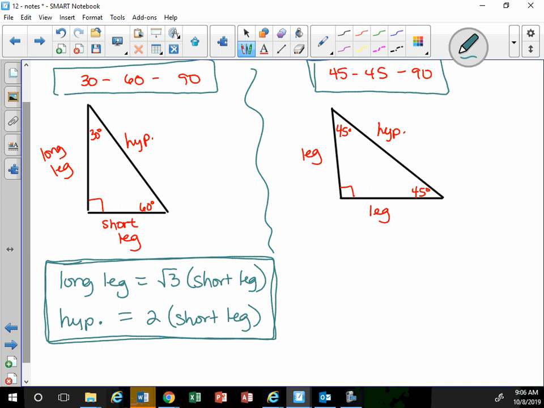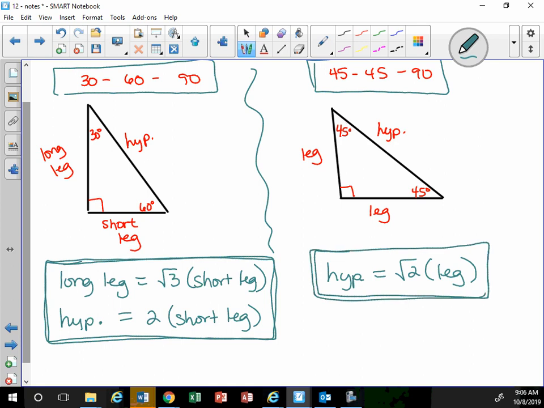They're the same. Yeah, it's an isosceles triangle. Look at that, pulling a geometry word out. So we only have one equation this time. The hypotenuse is always equal to square root of 2 times either one of the legs. So root 2 times a leg.